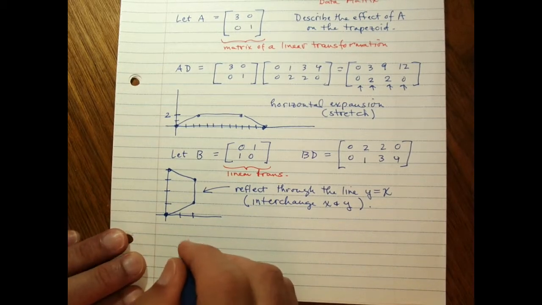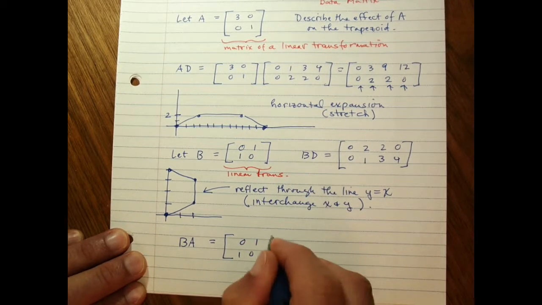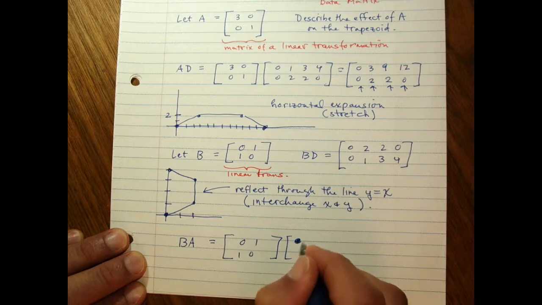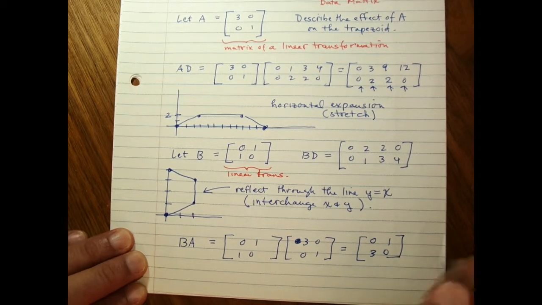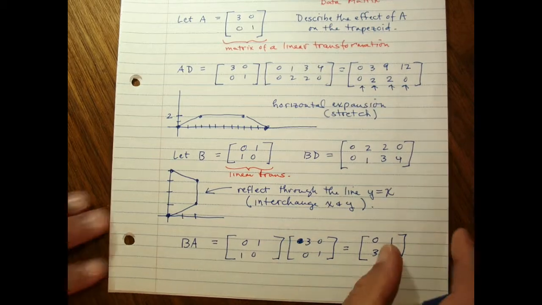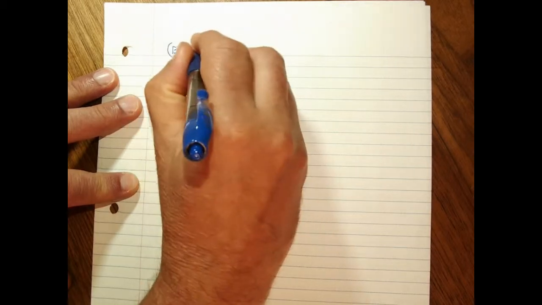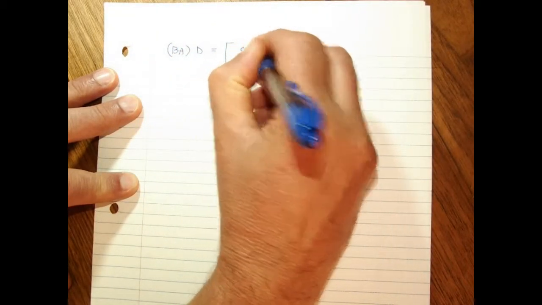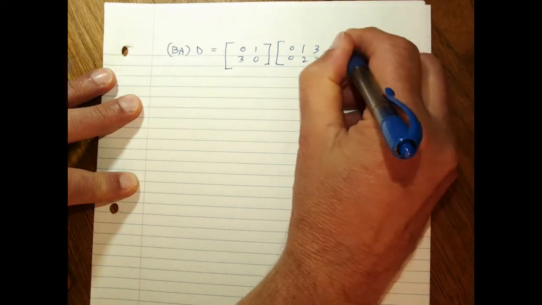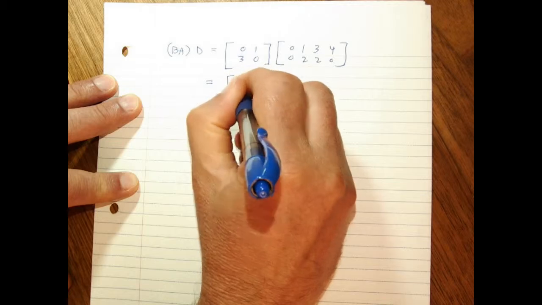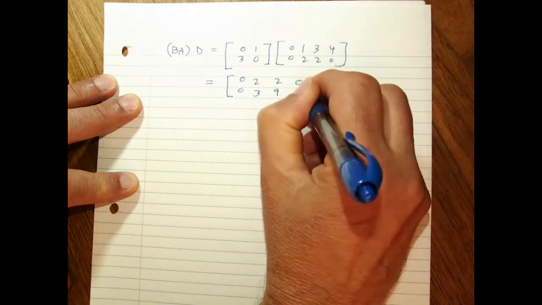And now I'd like to just think about what happens if we multiply B times A, (3, 0, 0, 1), to get 0, 1, 3, 0 when you find the product of those two, and apply that BA product matrix to D. So we're going to take BA times D, which is 0, 3, 1, 0, times 0, 0, 1, 2, 3, 2, 4, 0, my original D. And I get 0, 0, 2, 3, 2, 9, 0, 12.